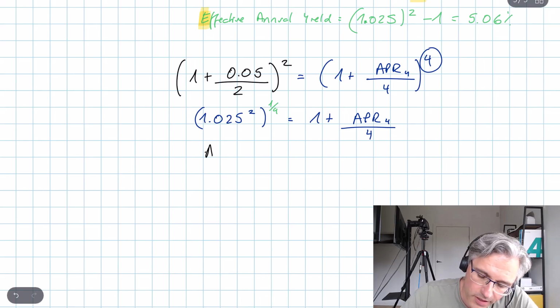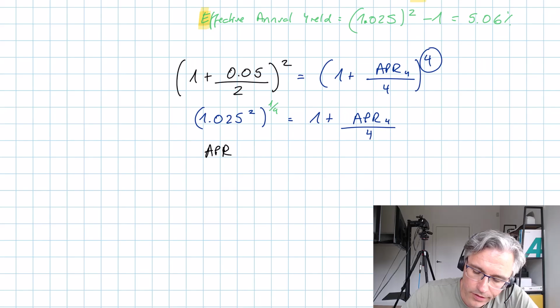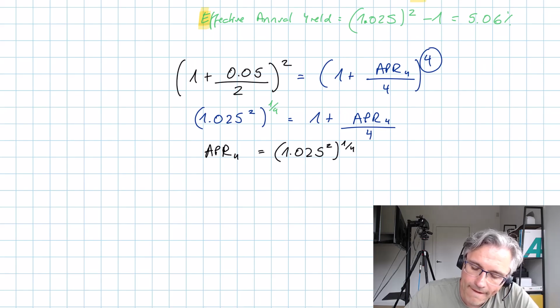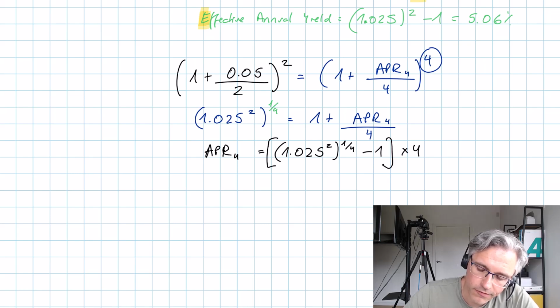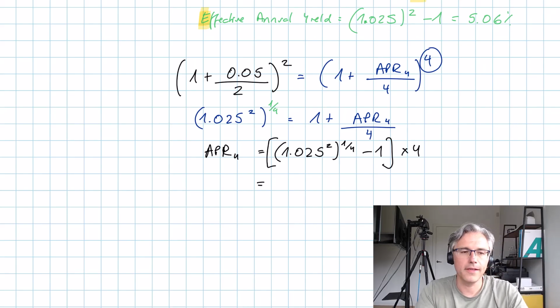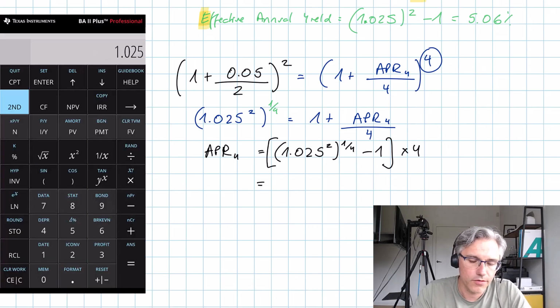And now it becomes quite simple. The APR, assuming quarterly compounding or a periodicity of 4, equals 1.025 squared to the power of 1 over 4. I need to deduct the 1, and I need to multiply everything by 4. Now let's see. 1.025 squared first, and then to the power of 1 over 4.